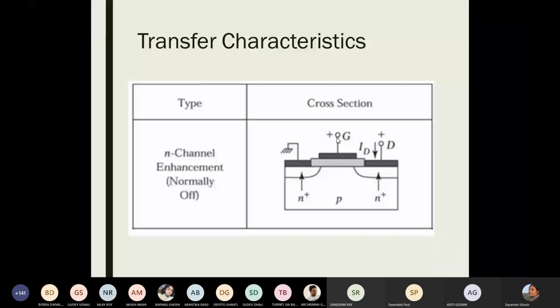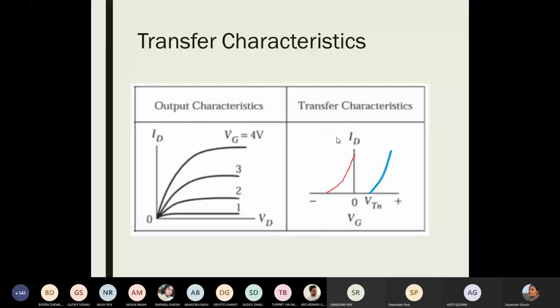The second thing to keep in mind is the voltage called V threshold. We defined it in the last class, right? V threshold was the minimum voltage required for the beginning of enhancing of the channel, the inversion. Until then there was no channel, so until that voltage reaches VG, we don't have any current. Then the current starts growing.